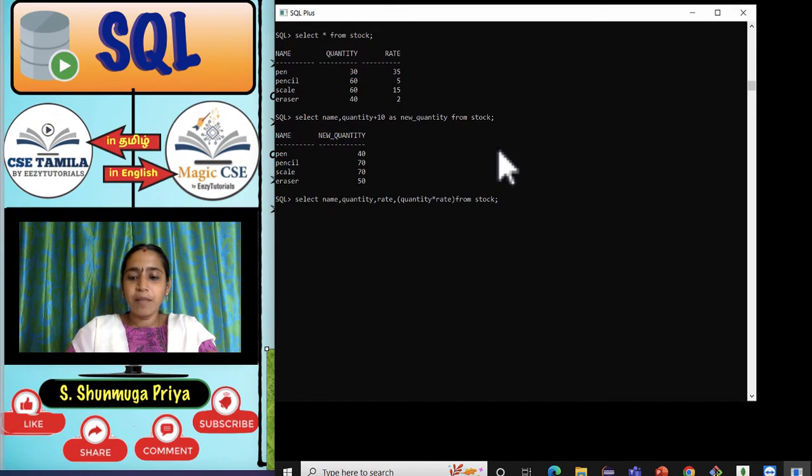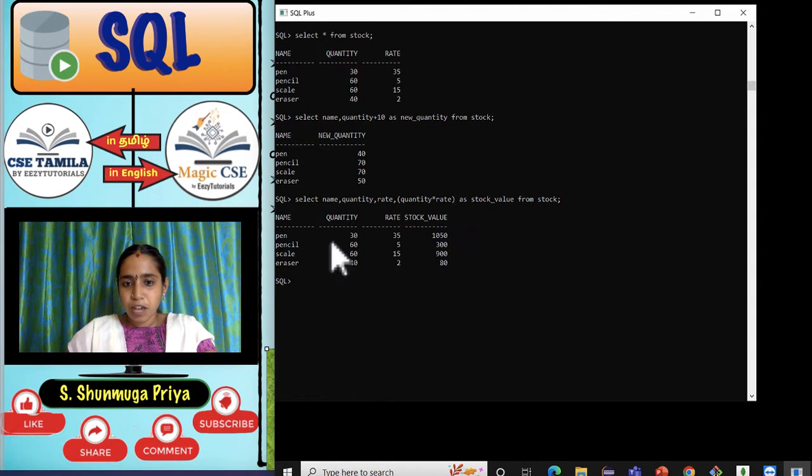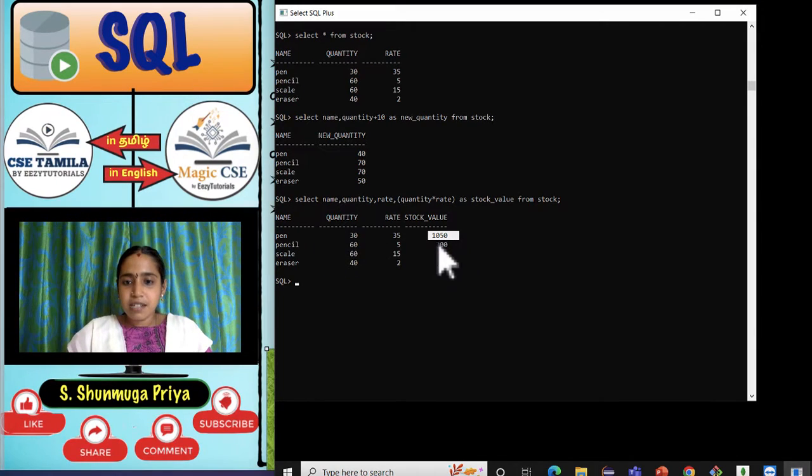You can rename with the help of the AS keyword. So AS stock value. So this is my stock value. Currently I am having pens, the worth of which is 1050 rupees. So totally 30 pens are there. This is my worth. For pencil, this is the worth. Like that, I can have it.